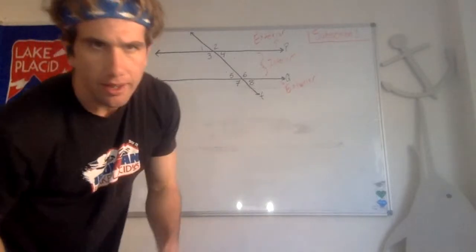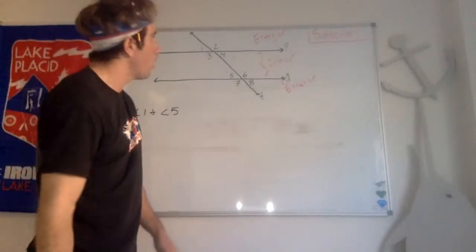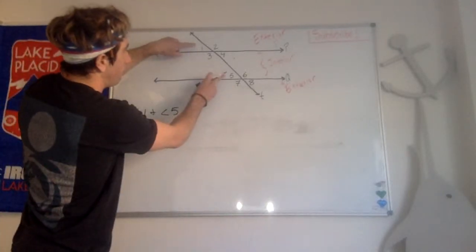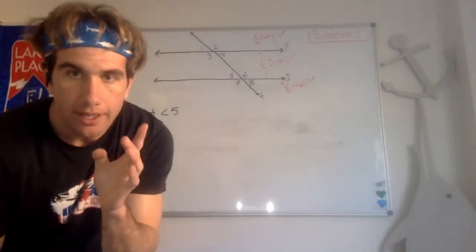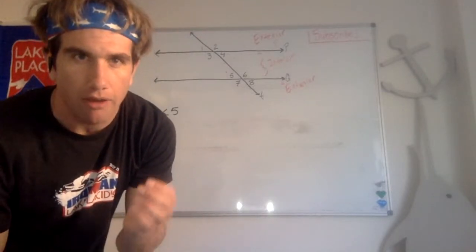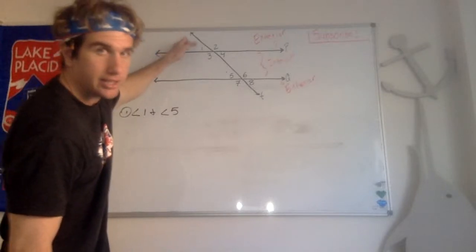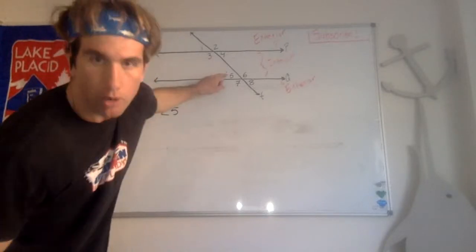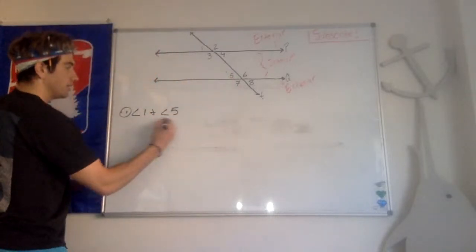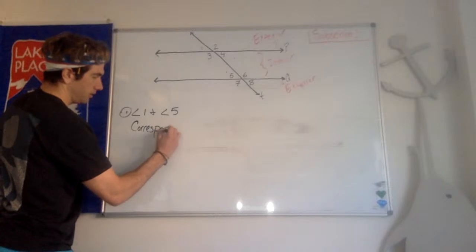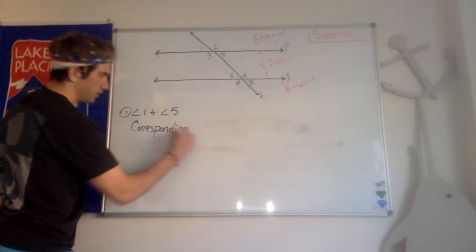I'll go through this quick and then you guys can do one more page for homework. So let's look at it together. You ready? Angle 1 and angle 5. Same side of the transversal. In, exterior, out, in. What is that, guys? Corresponding. So answer corresponding, okay?